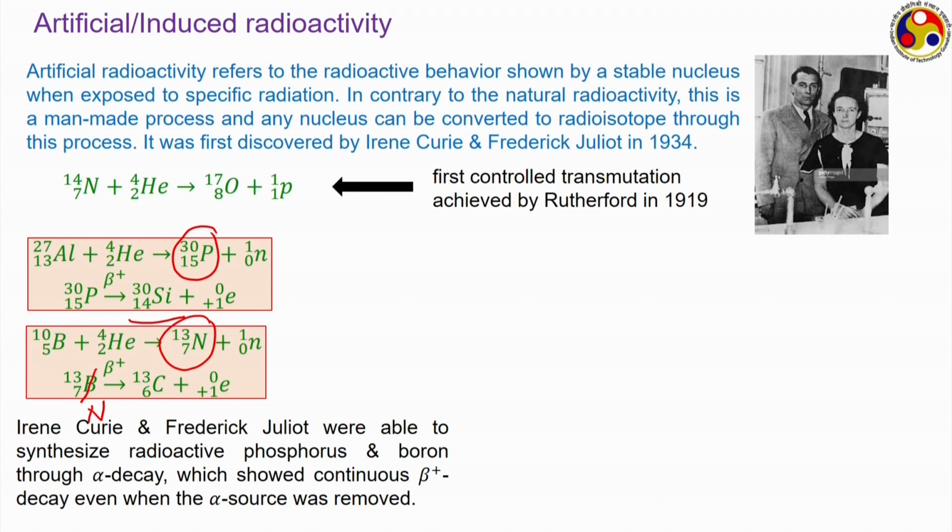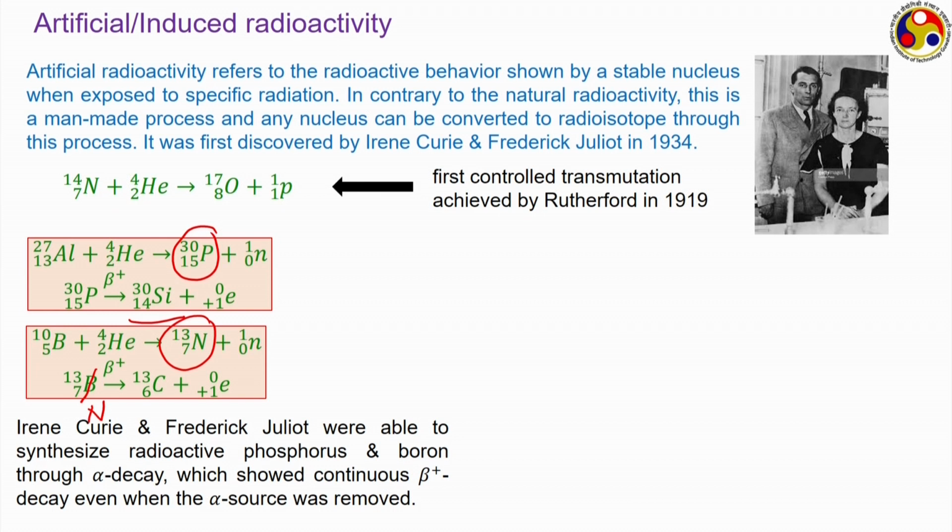That means they kept on showing radioactive behavior. So Irene Curie and Frederic Joliot were able to form two new radioactive isotopes, phosphorus-30 and nitrogen-13, and that is what was termed artificial radioactivity.